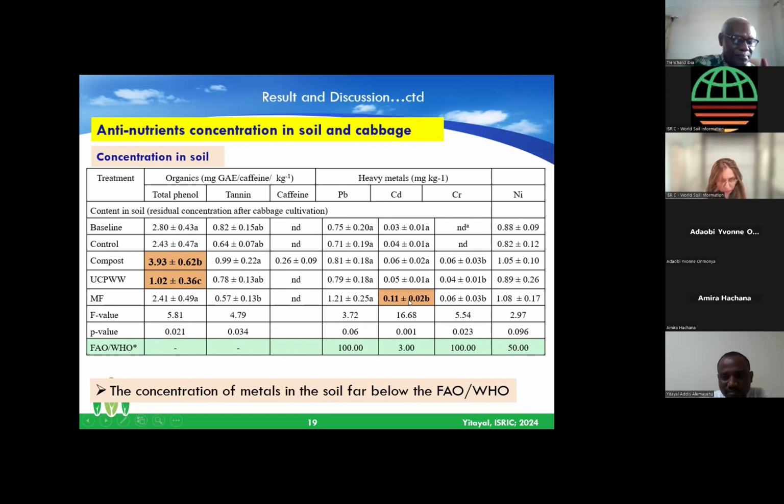Another surprising result was cadmium, which increased in the mineral fertilizer, significantly different from the others. That means the mineral fertilizer we used may contain cadmium in it. I don't know, but that may be the conclusion. All of them are below the limits recommended by FAO and WHO for heavy metals.